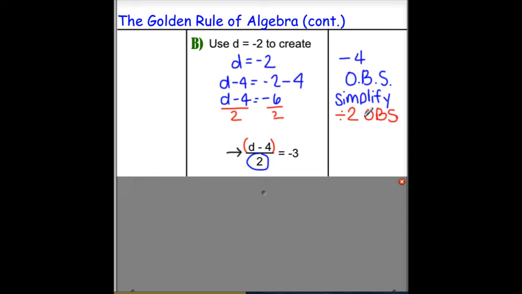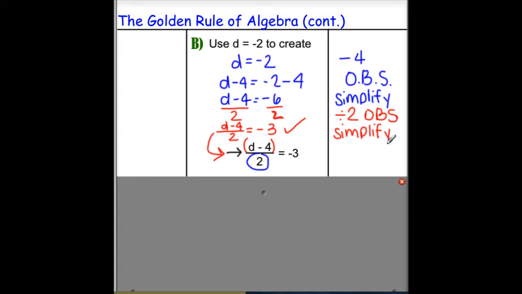Then finally I'm going to simplify. So I have d minus 4 divided by 2, and negative 6 divided by 2 is negative 3. When I look, that checks out with what we've got. So check mark, we are done, other than to fill in over on this side that we did one last step of simplifying.